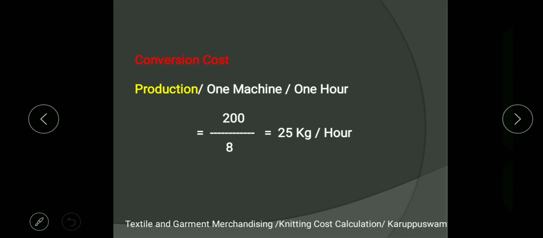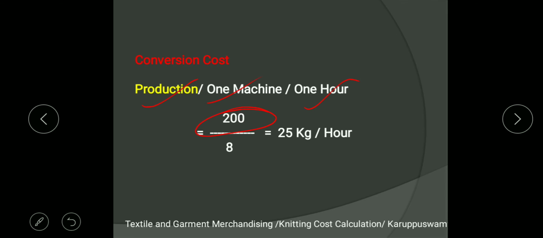So far we calculated the expense incurred to run a machine for 1 hour, and now we are going to discuss the production part. That is, as per our estimation, when you run a machine for 8 hours, that is one shift, you will get around 200 kg of output. Here we need the output for 1 hour, that is targeted production for one machine for 1 hour.